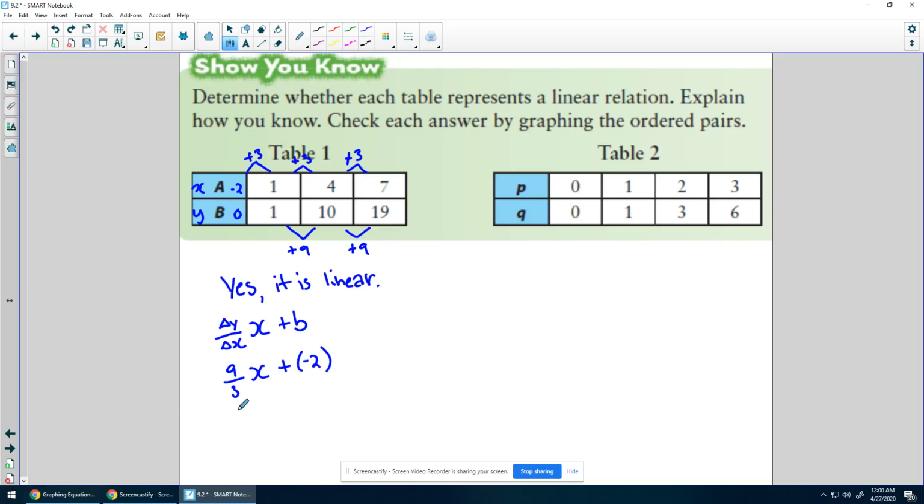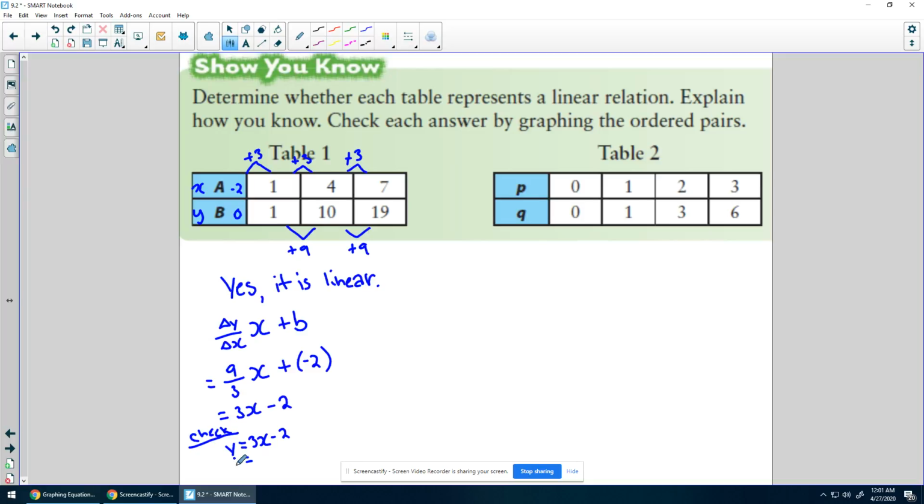Then we can simplify that. 9 divided by 3 is 3x. So that would be our linear relation, and let's just do a quick check here. Y equals 3x minus 2.